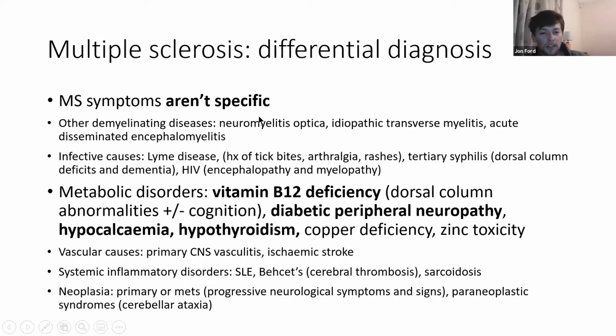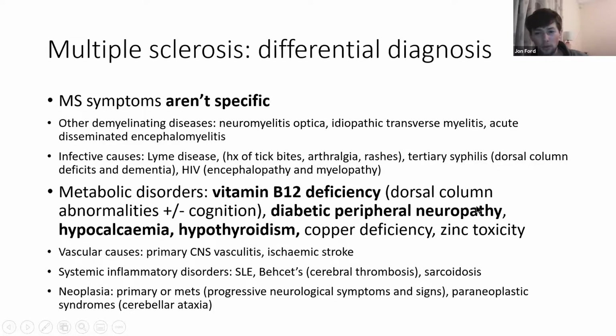So this is quite a busy slide, and I apologize for that, but basically it's because MS symptoms aren't specific, and there's a wide differential as to why somebody might come in with the symptoms an MS patient would have. I've purposely written metabolic disorders in a bigger font, because that's the stuff that's useful to know for finals particularly. Vitamin B12 deficiency, as you might know, causes dorsal column problems and problems with cognition.